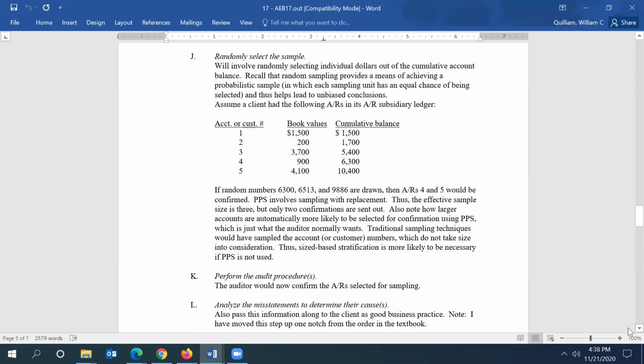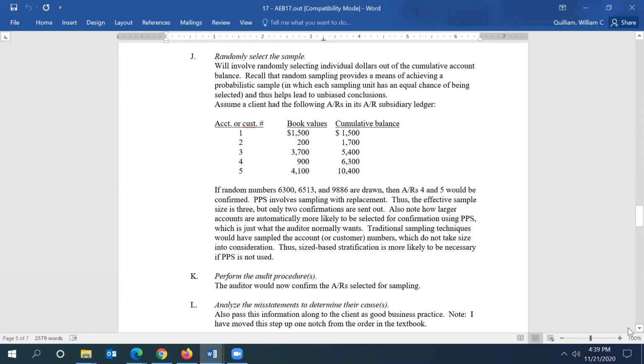Then J, we'll randomly select the sample. This is going to involve randomly selecting individual dollars out of the cumulative account balance. Recall that random sampling provides a means of achieving a probabilistic sample, probabilistic or random, in other words, in which each sampling unit has an equal chance of being selected.